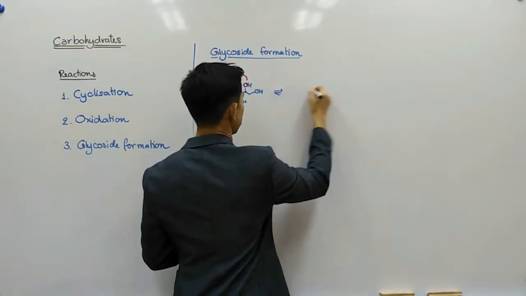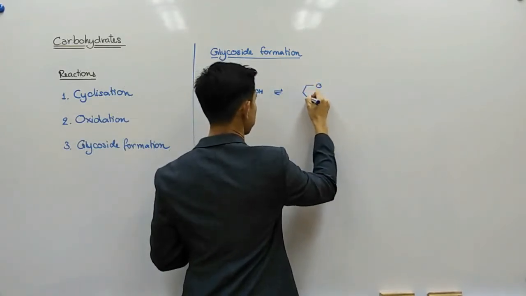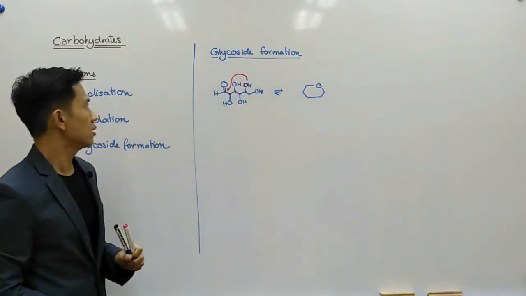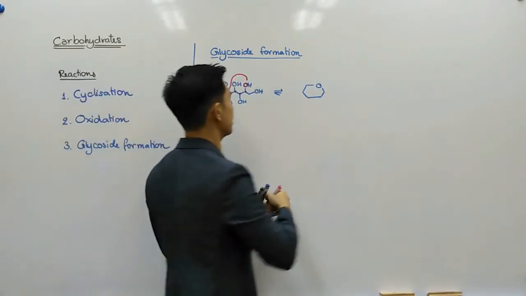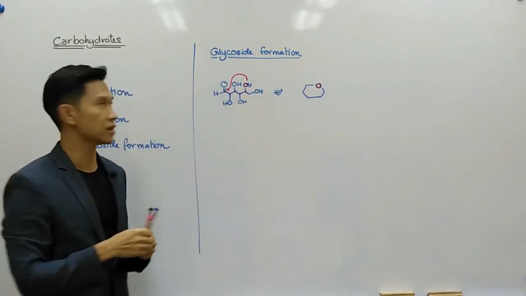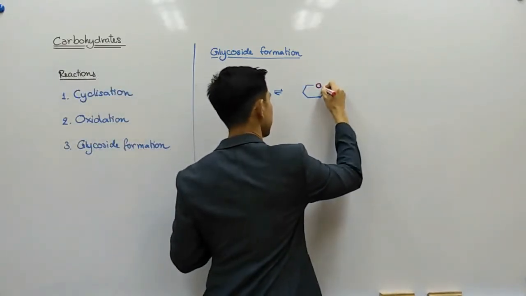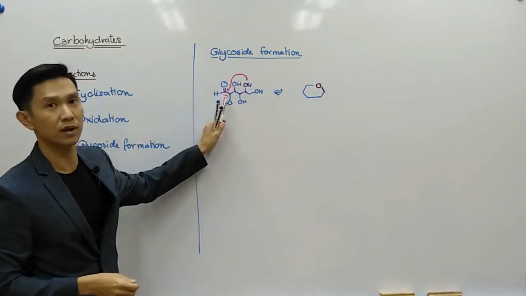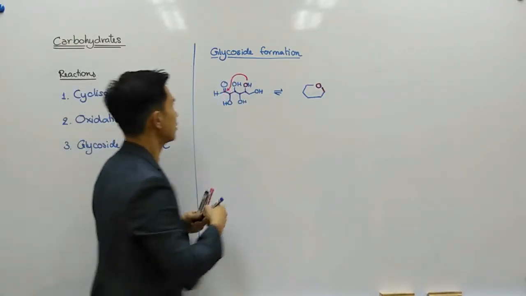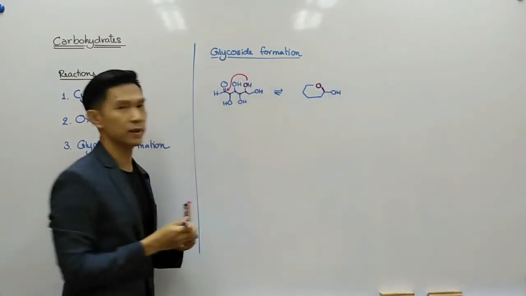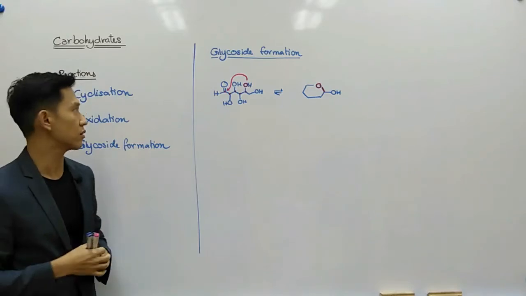So in equilibrium, you will have this one. The oxygen over here in pink color is that oxygen. With the cyclization, you connect that pink bond to the carbonyl. So the carbonyl over here is changed to a single bond, right?